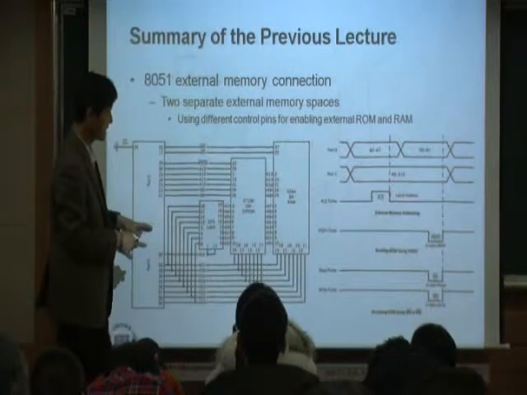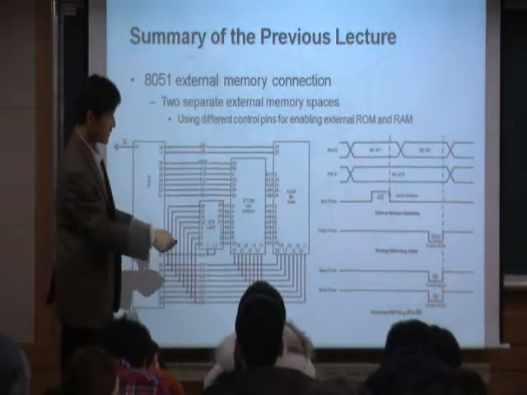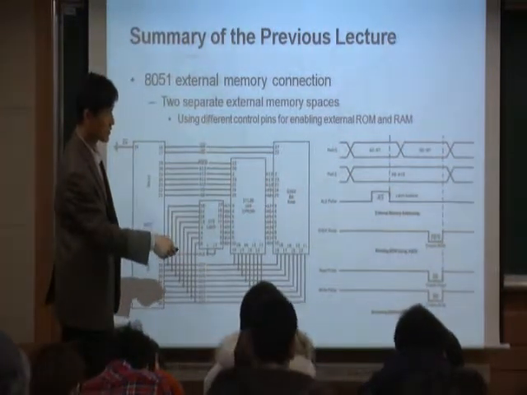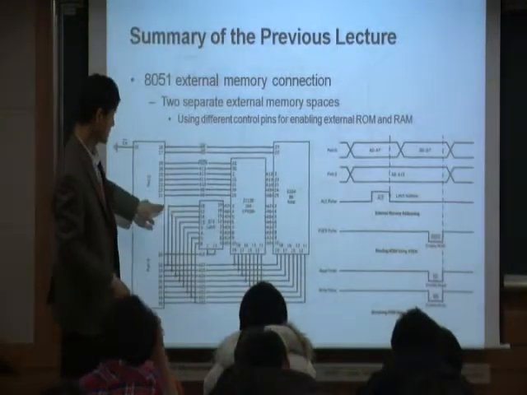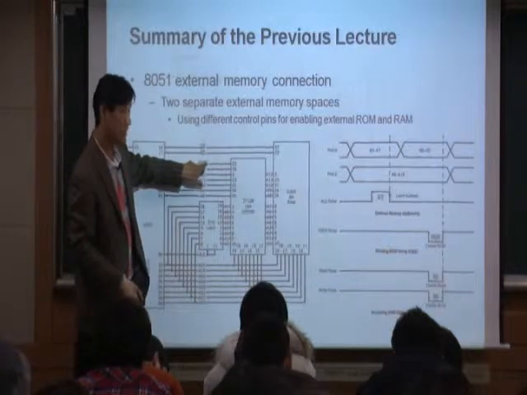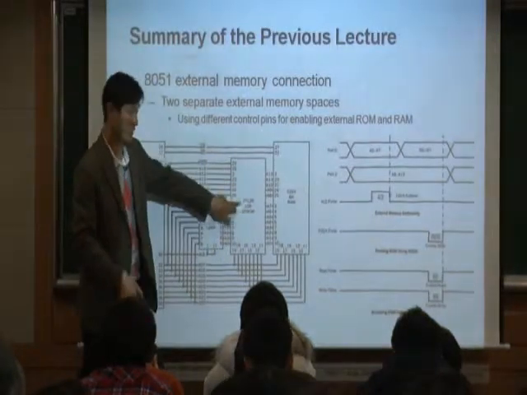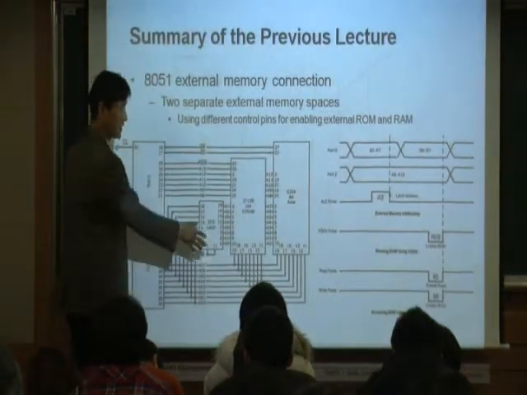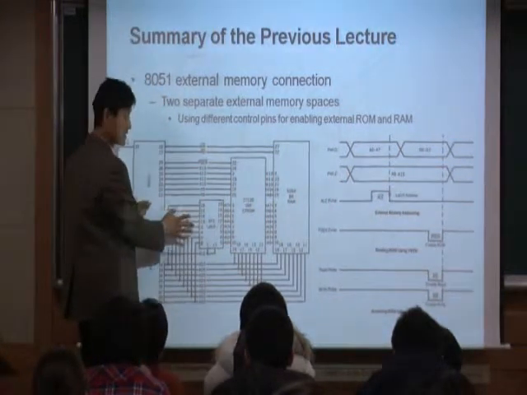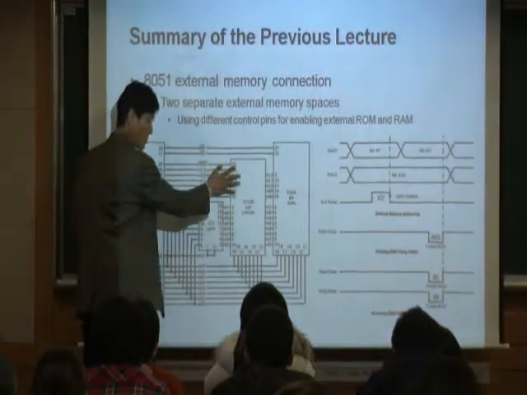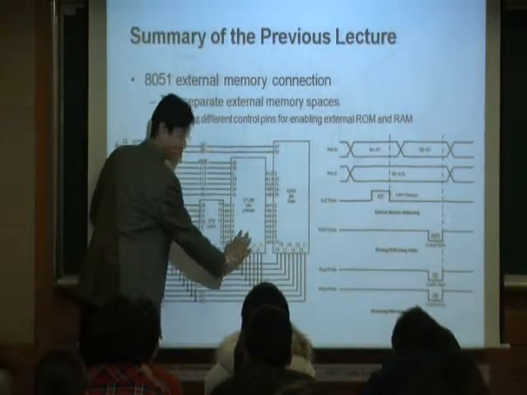This one also goes to here. So that way, let's say you turn on this one, you activate PSEN. That basically means you enable this memory, right? Once you enable this memory, the 16-bit address is coming from here, and data is from here.